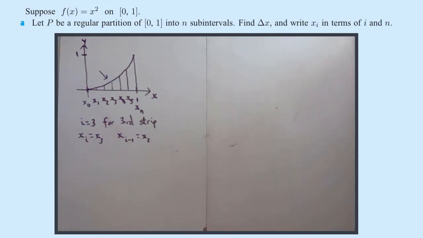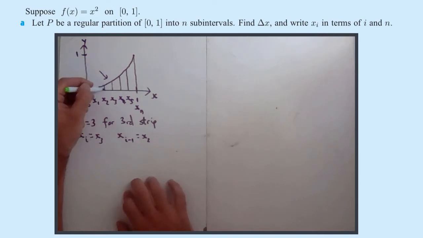So for any given strip, remember i is just a counter, when i is 3 you have two choices for xi, this one here or this one here, such that f of xi gives a height. If we used i minus 1, we would be using this height, that would be f of x2.